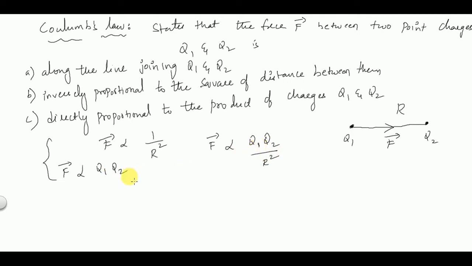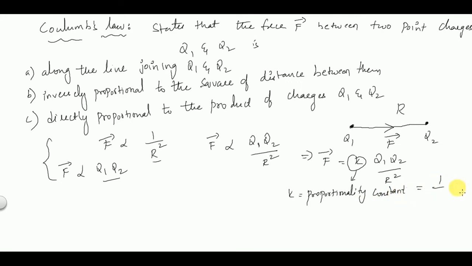If we remove the proportionality sign, we can write F is equal to K into Q1 Q2 by R square, where K is the proportionality constant, which is given by 1 by 4 pi epsilon naught. So K is given by 1 by 4 pi epsilon naught.